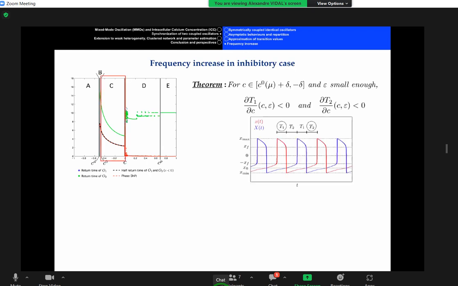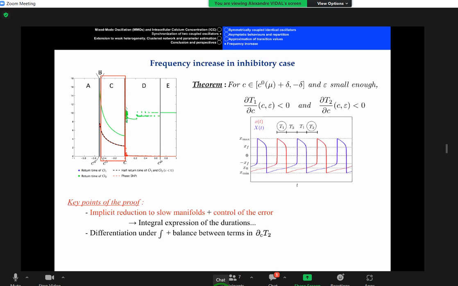And we also have a theorem explaining directly the frequency increase during the inhibitory case, meaning that inside the C region, we know that the derivative of T1 according to C is negative, as well as the derivative of T2, meaning the two durations of quiescent phase in both oscillators are negative and decrease with C, which means that the frequency increases.